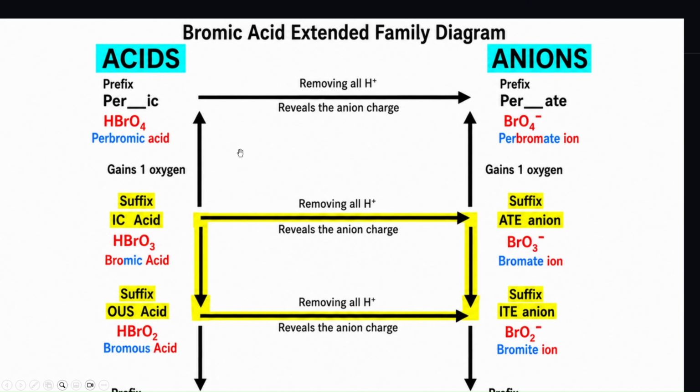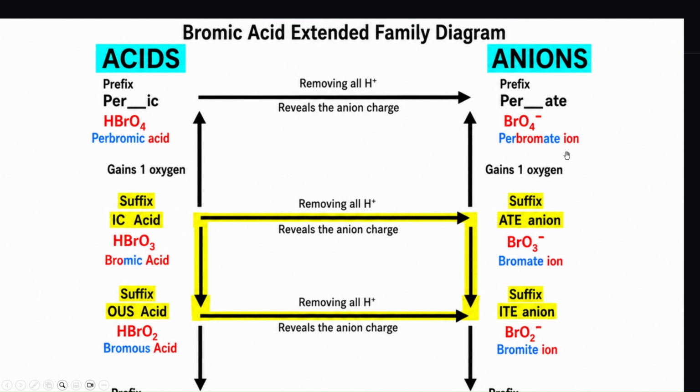Now, looking at the very top, the 2 in the top, an acid that has 1 extra oxygen is going to contain the prefix per and the suffix -ic. It can still donate its hydrogen ions, and the anion is going to have the prefix per and the suffix -ate.